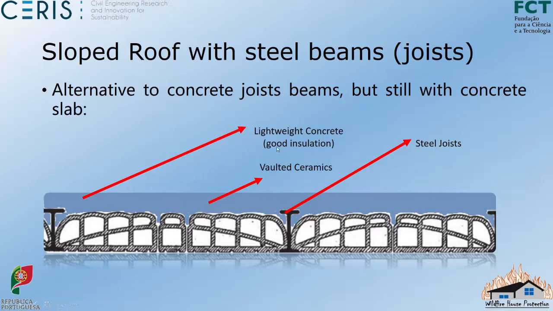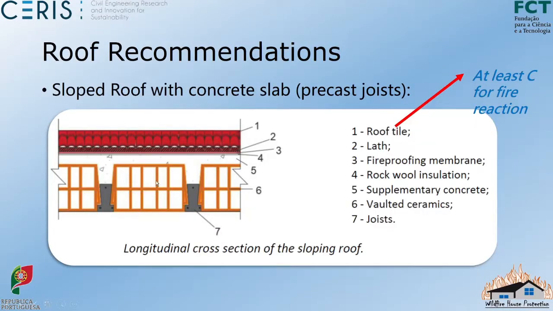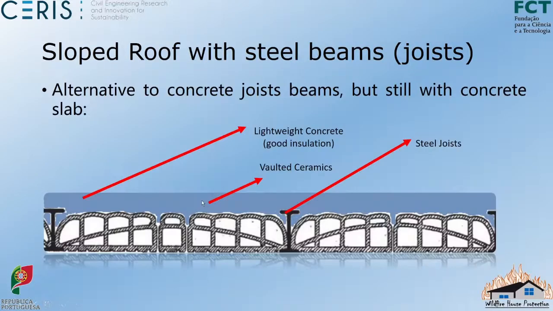Here you may have a lightweight concrete, which presents very good insulation and very good fire resistance with at least 10 centimeters. This is the exact same solution, but you still have these vaulted ceramics, exactly the same as here. You can still have them, but instead of precast concrete beams, you can have your steel beams.